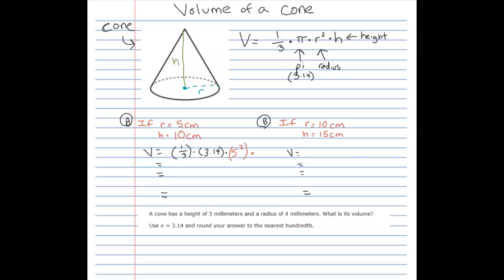And then we need to find the height. The height here is 10. Alright, so we have 1/3 times 3.14 times 5 squared times 10.